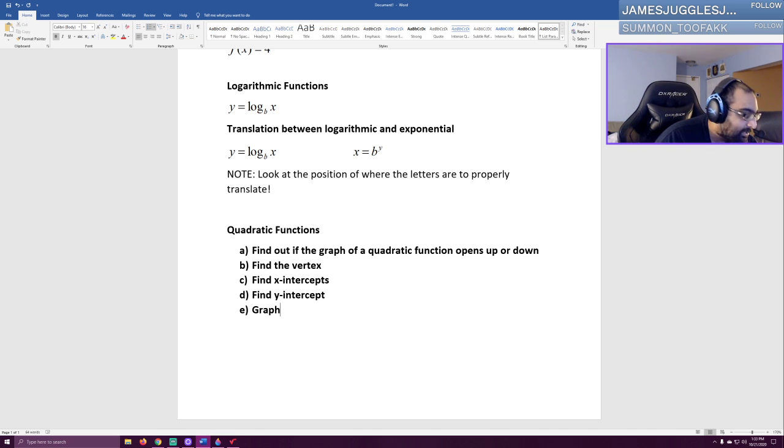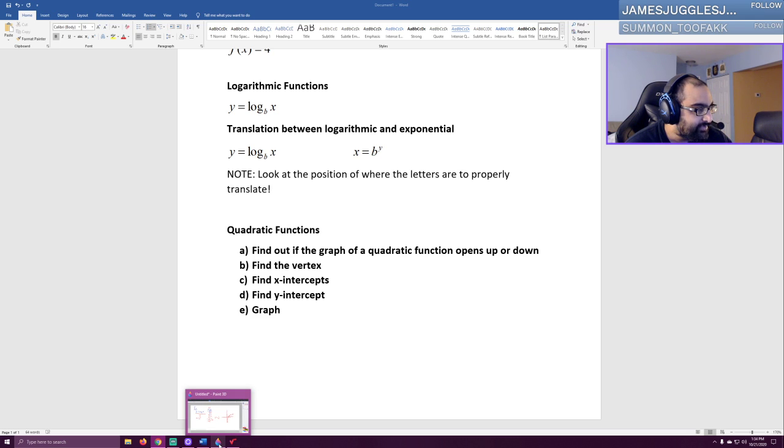Okay, now let's go over the information here about what information we need to find for particular quadratic functions. So I'm just going to go over the basics for each part, and then we'll go ahead and do an example. Okay, so the first part here talks about opening up or opening down.